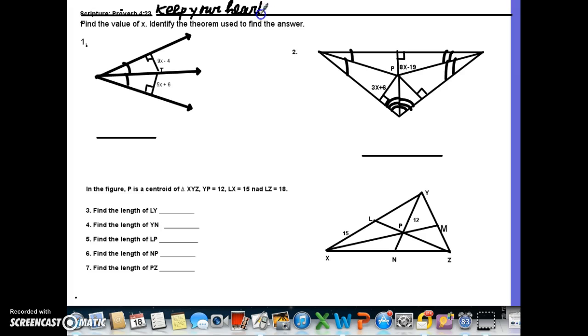We're studying a lot to do with centers and bisectors right now. And it is with all diligence. For out of it springs the issues of life.